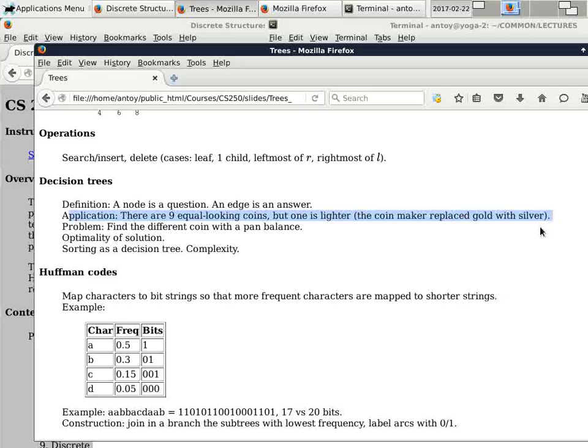Right, but how can you argue that you cannot do better? This is the smallest tree that can have 9 leaves. This is a tree that must have 9 leaves. And in each branch you have only 3 ways to go, right? So if you do one level, you just have 3 leaves. You cannot answer for all possible cases that you have. So you need at least 2 levels, right?